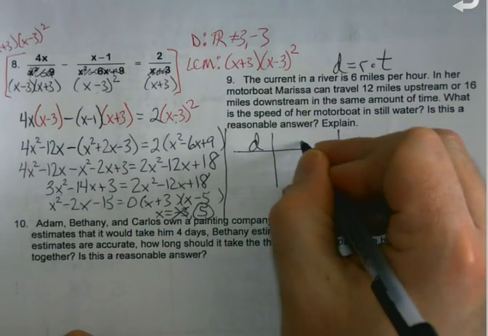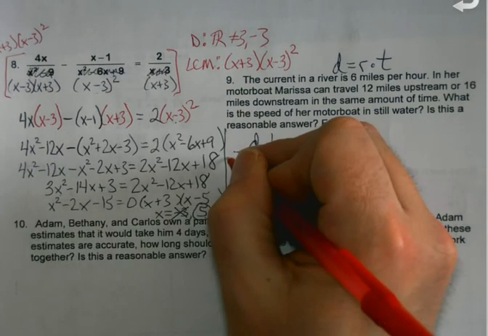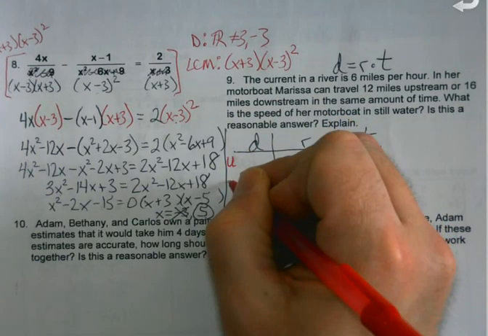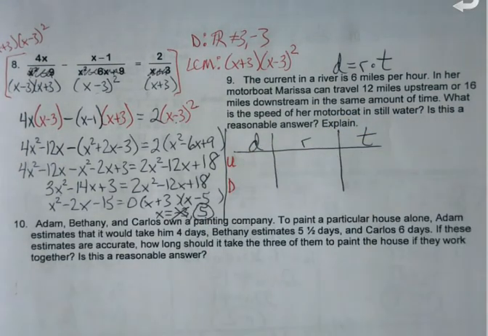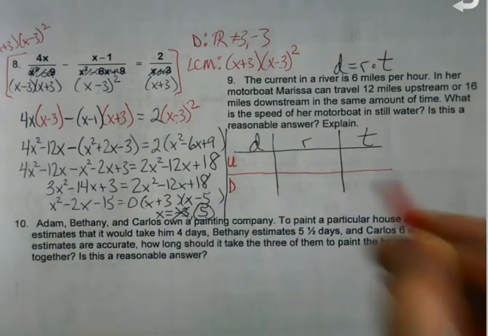So I got distance, I got rate, I have time. And I'm going to be working with two separate things within that, when I'm going upstream and when I'm going downstream. So I'm just going to split this up a little bit more.